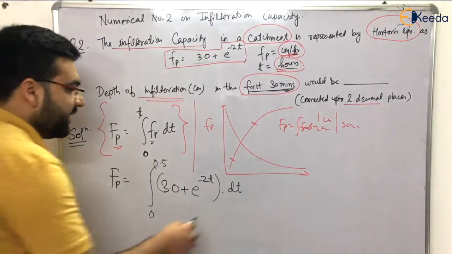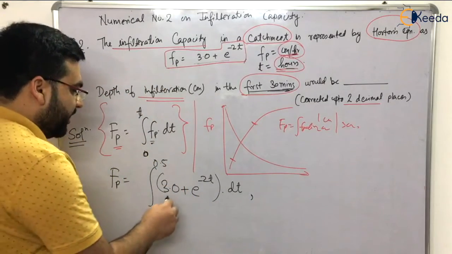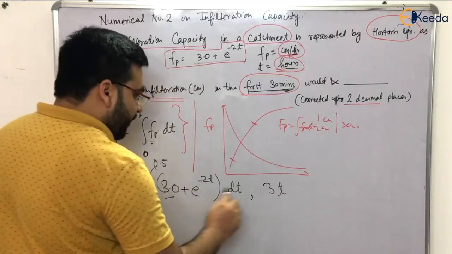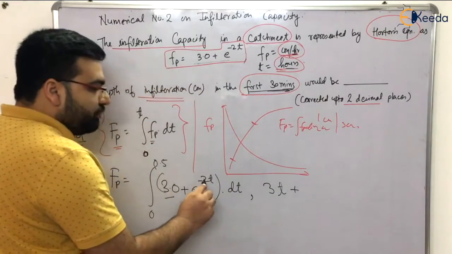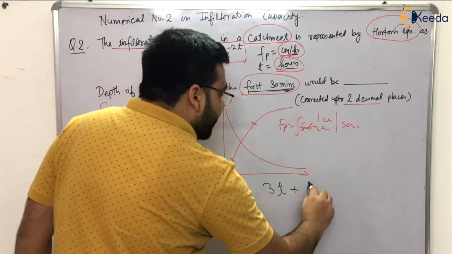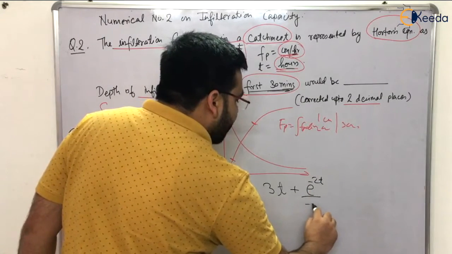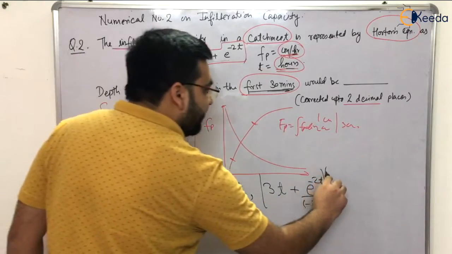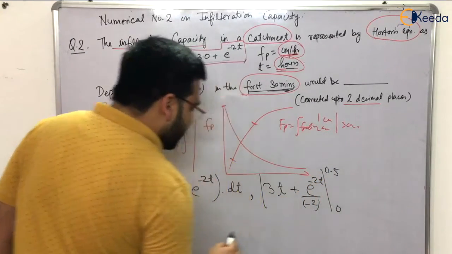Now we just have to integrate it, applying the simple integral formula. For this 3, it will be 3t. For e raised to power minus 2t, the integration will be e raised to power minus 2t divided by minus 2, with upper limit 0.5 and lower limit 0. Simple, right?